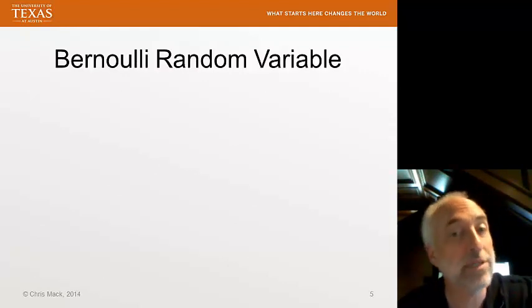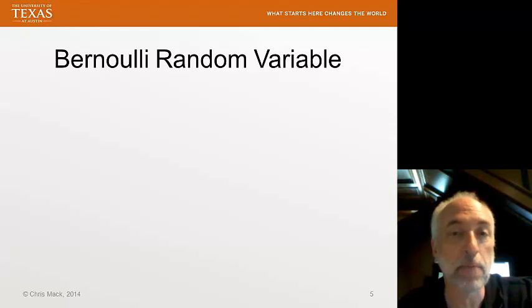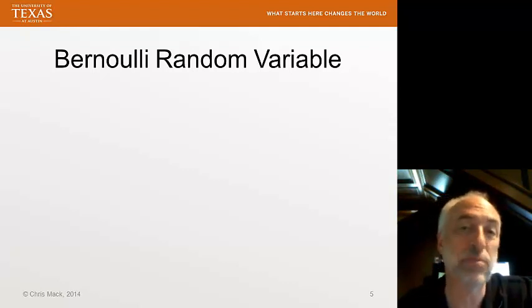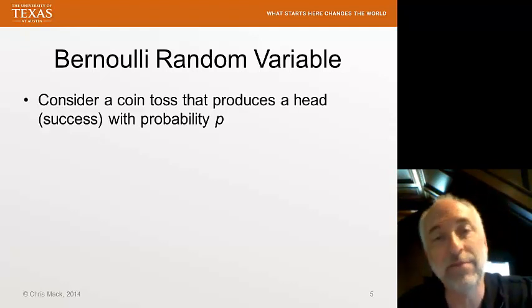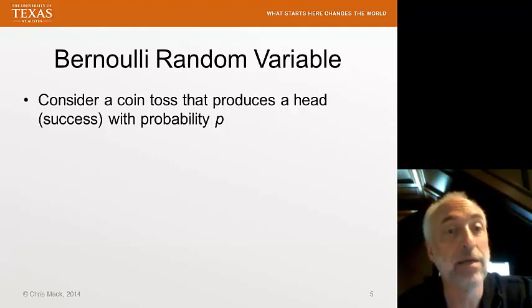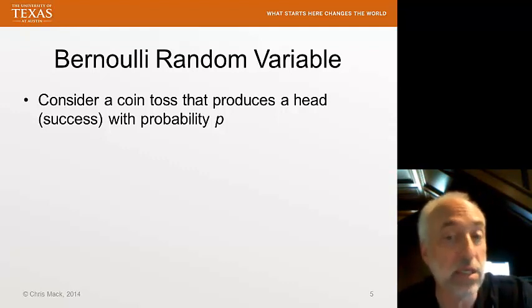But we've looked at a number of different distributions that random variables can take on. Besides the uniform distribution, we also looked at the Bernoulli random variable. Remember, a Bernoulli random variable is a random variable that takes on a binary value of 1 or 0. The simplest example is a coin toss that produces a success with probability p.